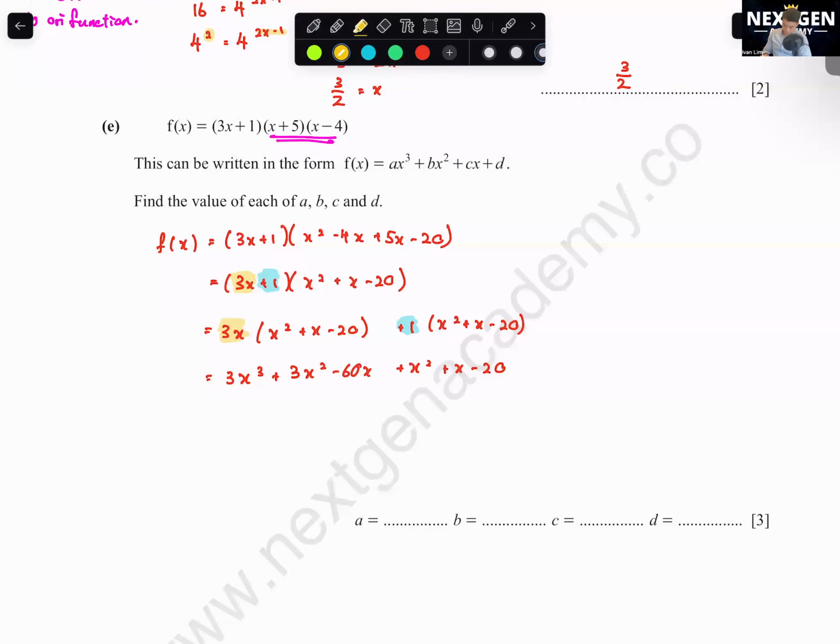Here we have x squared, x, and x. So we get 3x cubed plus 4x squared minus 59x minus 20. Then we have our a, b, c, d values: 3, 4, minus 59, minus 20.